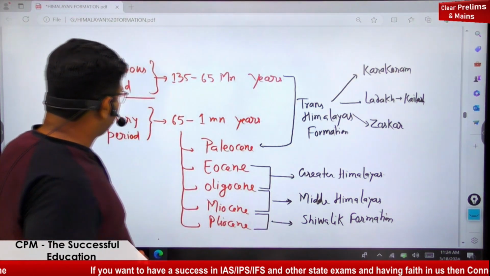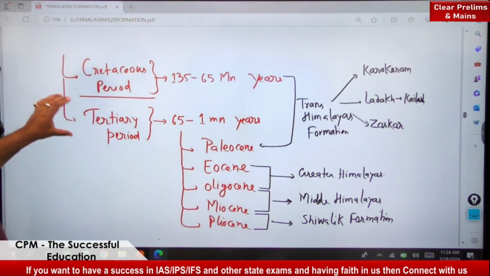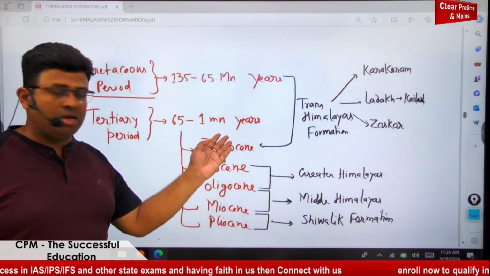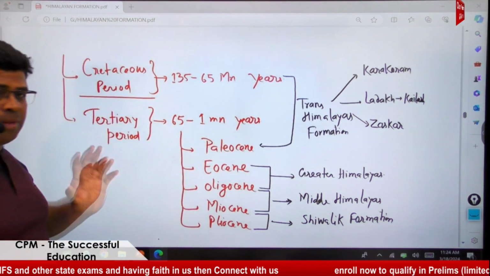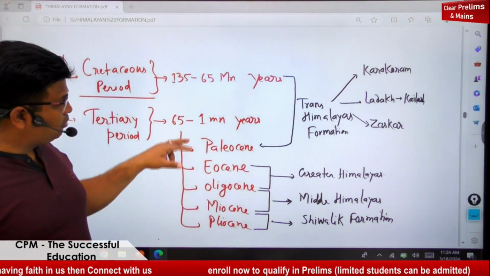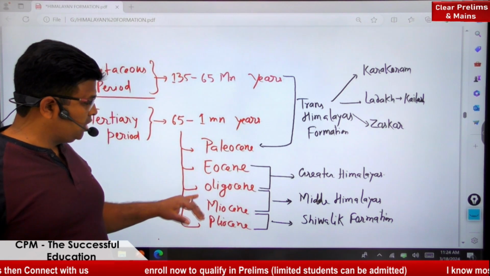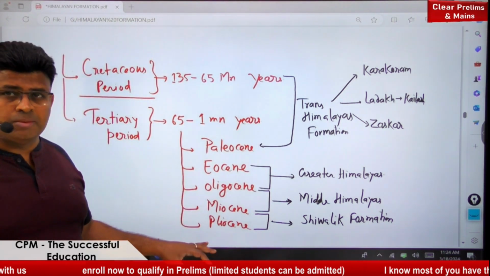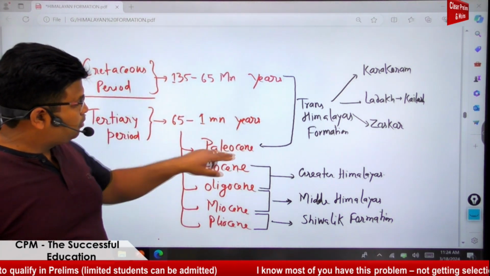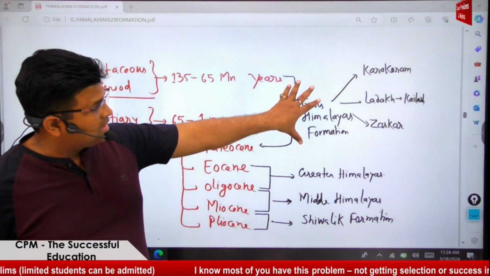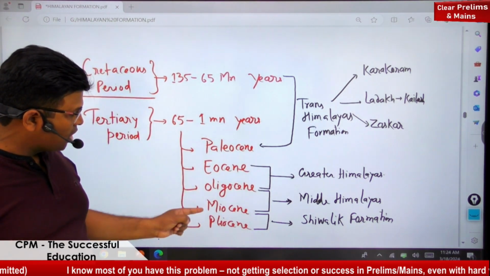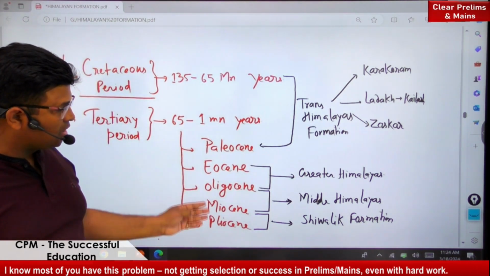During the Tertiary period, from 65 million to 1 million years ago, the formation of the Himalayas took place. The periods are Paleocene, Eocene, Oligocene, Miocene and Pliocene. So from the Cretaceous period to the Paleocene, the Trans-Himalaya was formed, and from the Eocene, Oligocene, Miocene to the Pliocene, the Himalayas were formed.